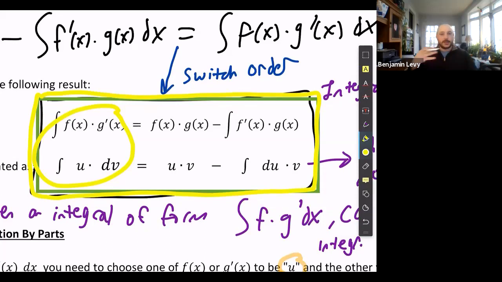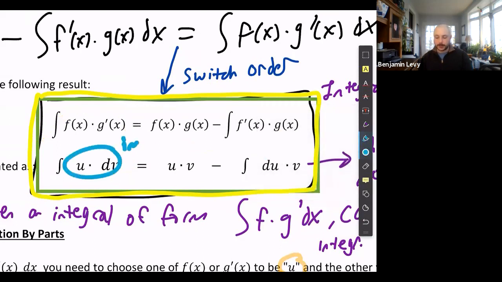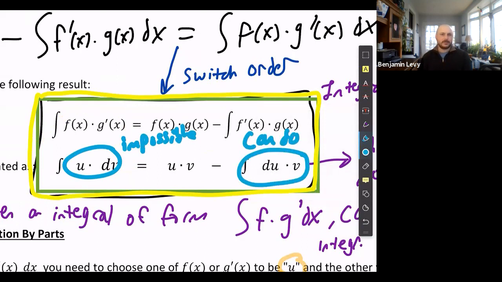And then you integrate and differentiate to get the right-hand side of the integral. And the idea is the thing on the left that you start with will be impossible to do, but you end up transforming it into something you can do. Or at least it gets easier, and eventually you can do it.